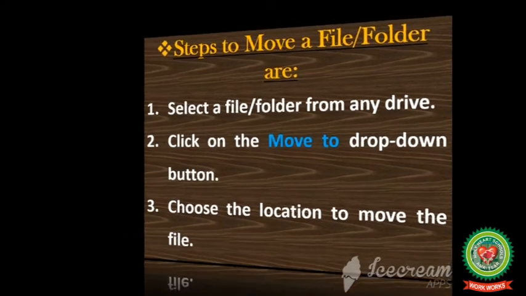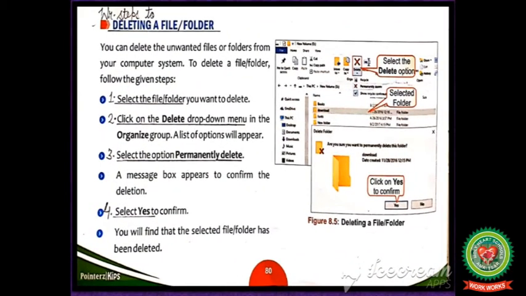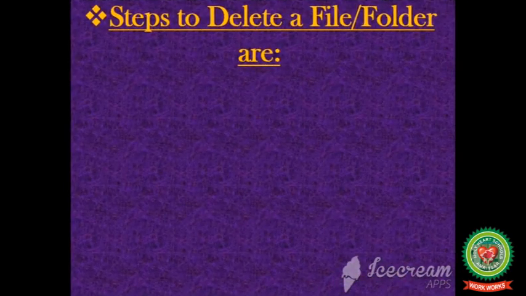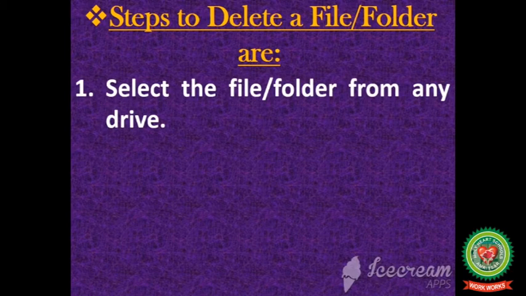Our next topic on page number 80 is deleting a file or folder. Students, deleting means to remove the unwanted files or folders from your computer system. The steps to delete a file or folder are: first, select the file or folder from any drive.